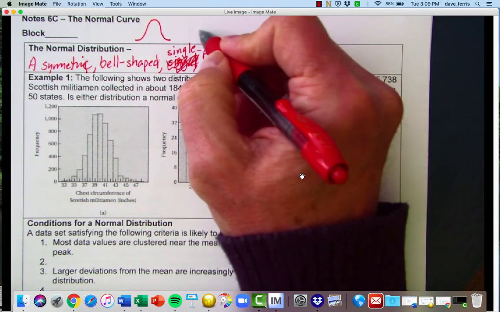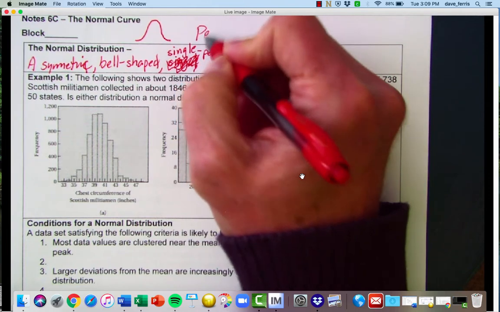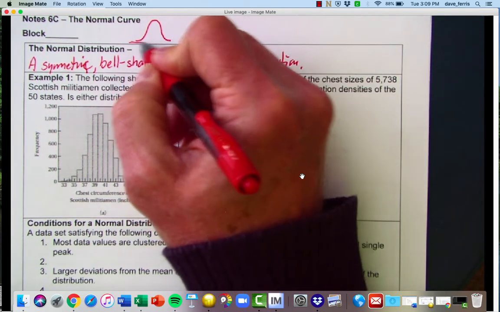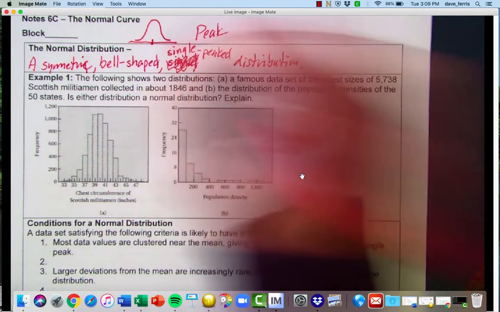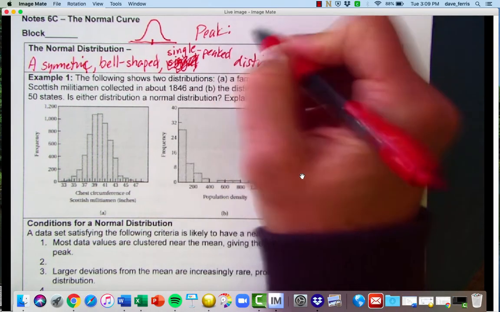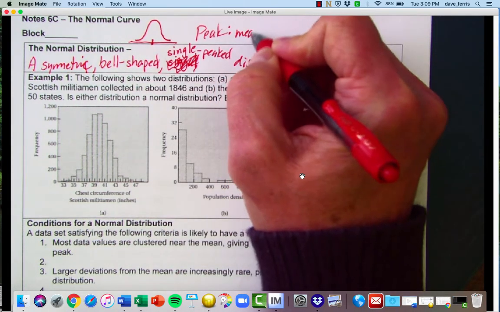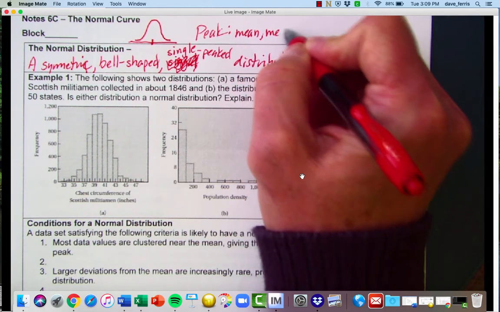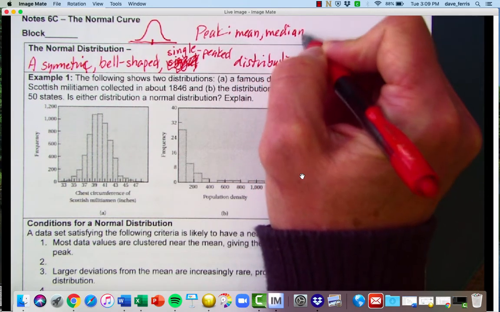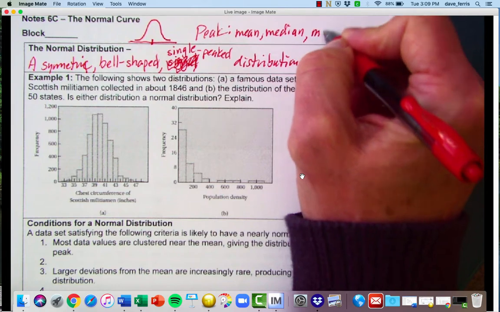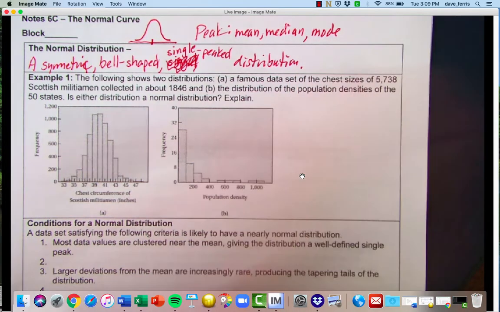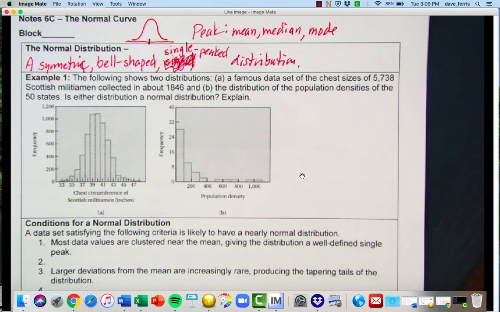Now, one of the features about the peak, if you can imagine having a number line on here, right in the middle, the peak will tell you where the mean is. Where the median is, they will be pretty much the exact same number. And that will be where the mode is. That's where the most common set of data is, right in the middle.